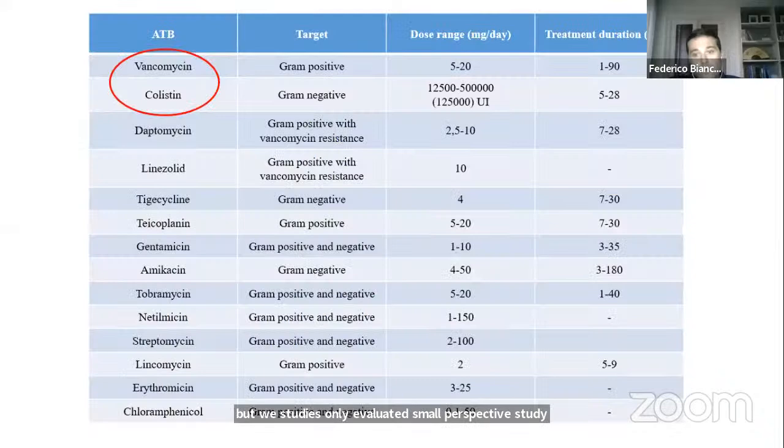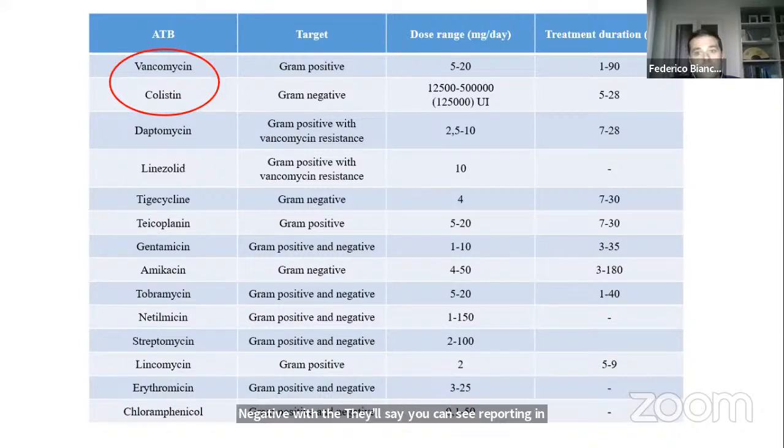Whenever it comes to what antibiotic you can administer through the intrathecal route, vancomycin and colistin play the major role, one against gram-positive and the other against gram-negative bacteria, with the dosage that you can see reported in this table.